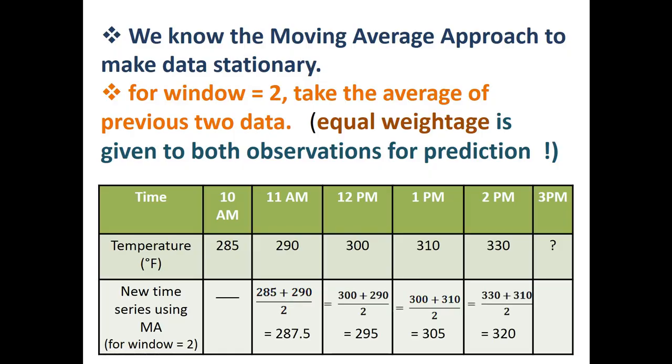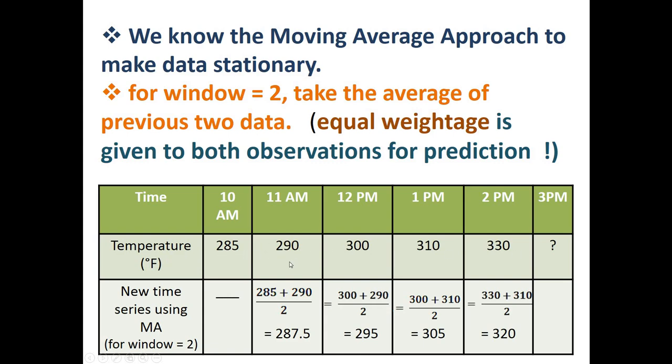In the last video, video 1, if you have not seen that, please go back and see it. Still, I will explain the summary of video 1 here again. In that we discussed the moving average approach to make the data stationary. For that, we had taken a moving average window equal to 2. Suppose this is the time series data, taken every 1 hour.